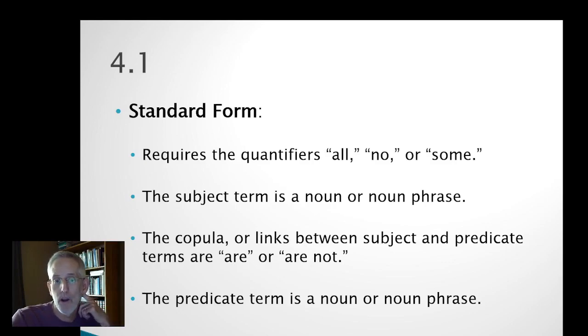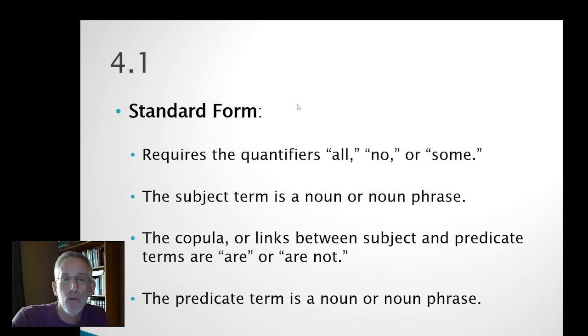All dogs are mammals. All is the quantifier, dogs is the subject term, and the copula is are. And then finally, the predicate term is the noun or noun phrase that comes at the end of the proposition. In that case, it would just be the word mammals.